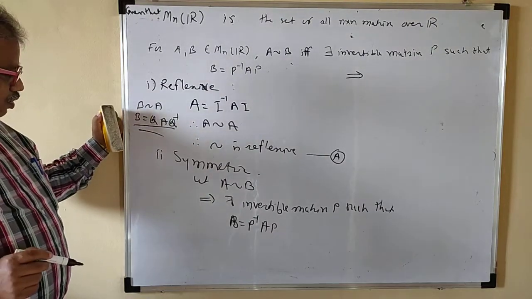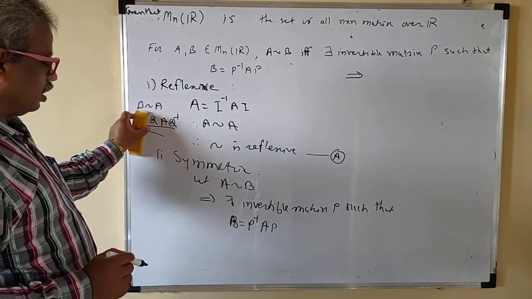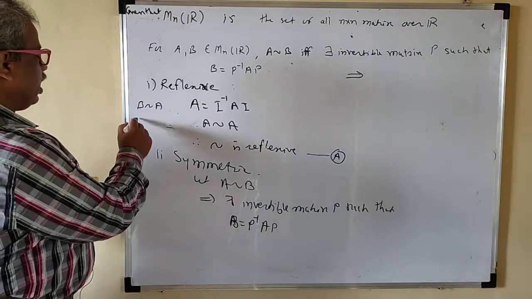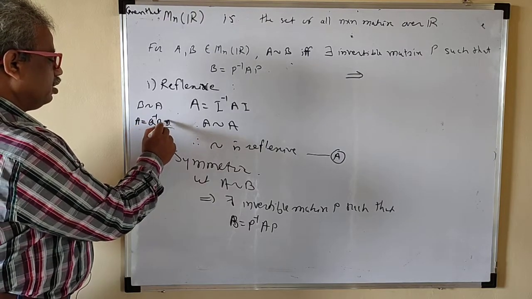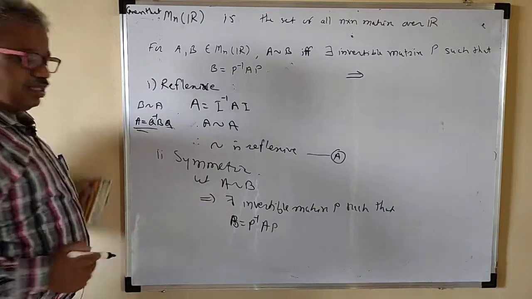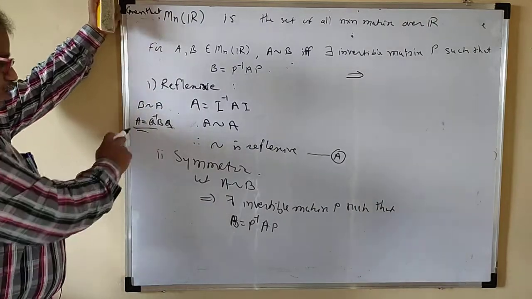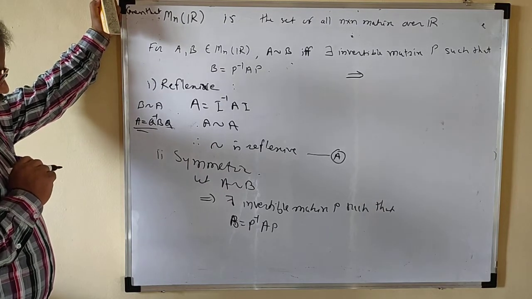You want to prove that A is equal to Q B Q inverse. We have B is equal to P inverse A P. How can we do this?